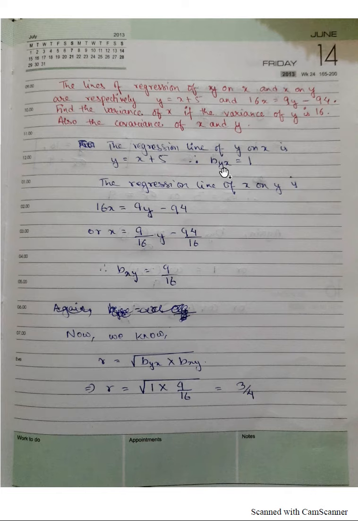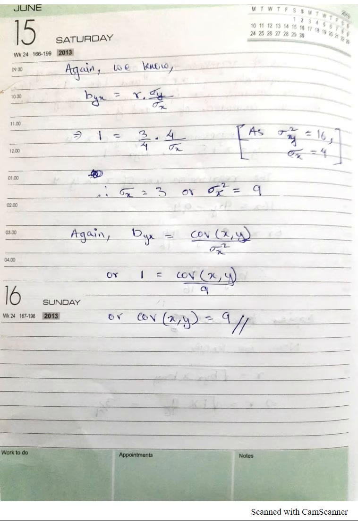Under root 9 by 16 is equal to 3 by 4. So r will be equal to 3 by 4.